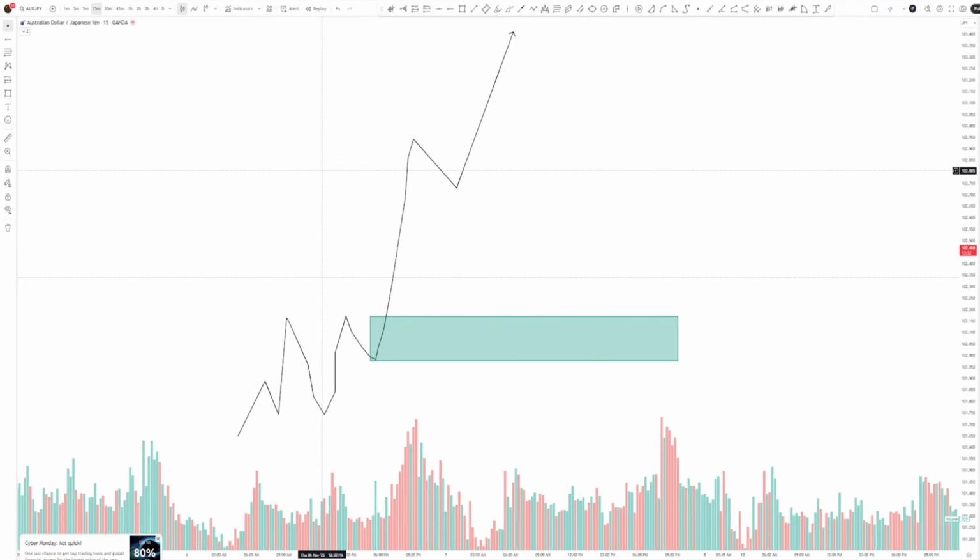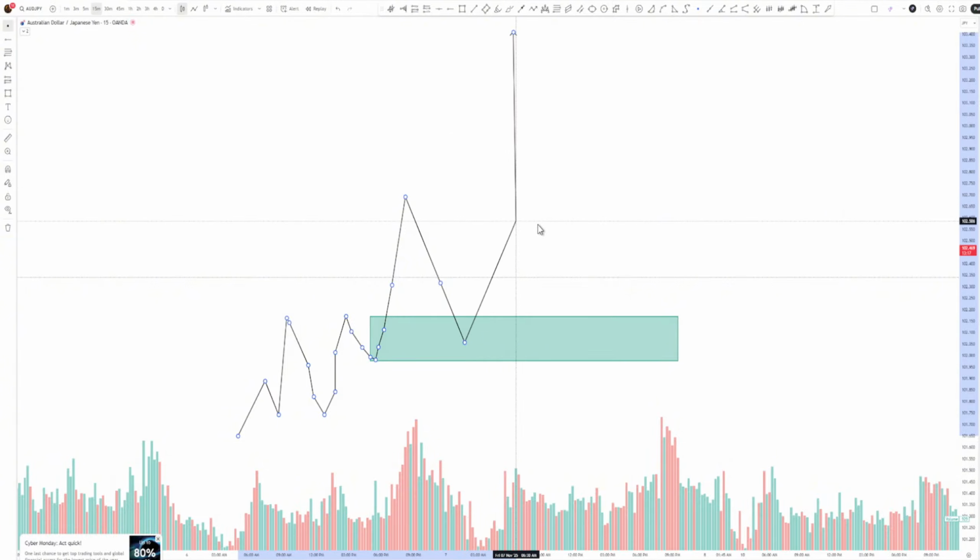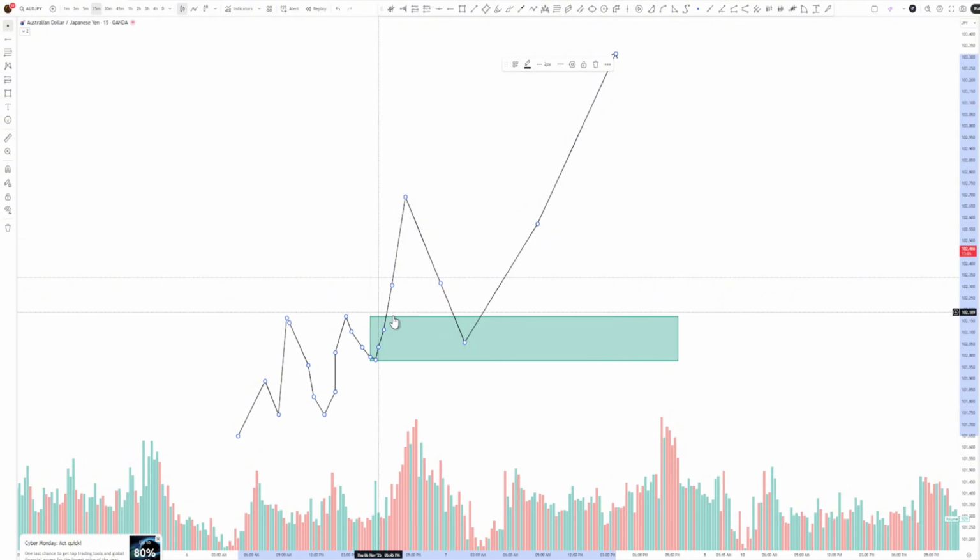Why does this matter? Because when the price revisits the zone, it acts as a magnet. Let's say this is our order block and the price comes to this level again, and after coming to this level the price will eventually rise to the upside. When the price revisits that zone, here, this is the zone, it acts as a magnet, either bouncing off as support or resistance, or exploding through it.